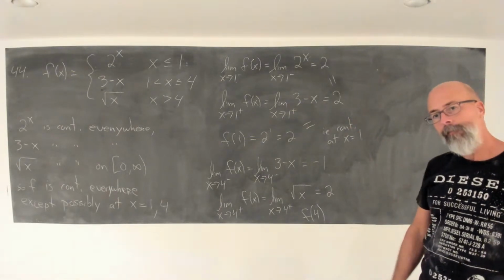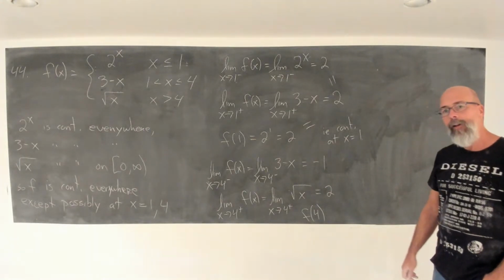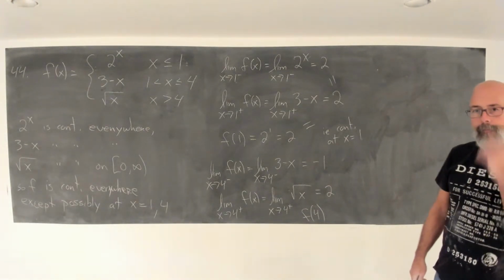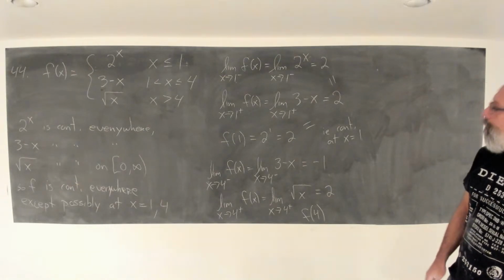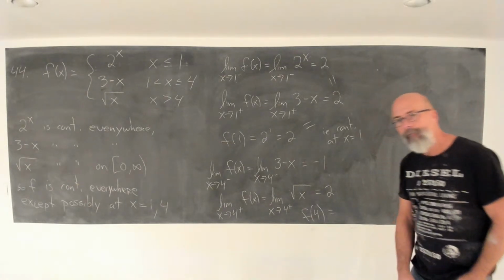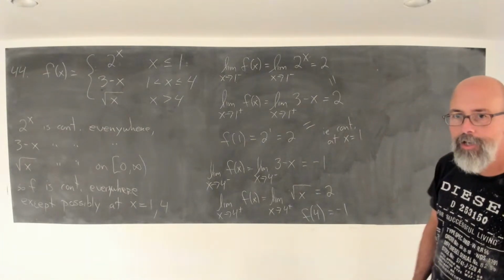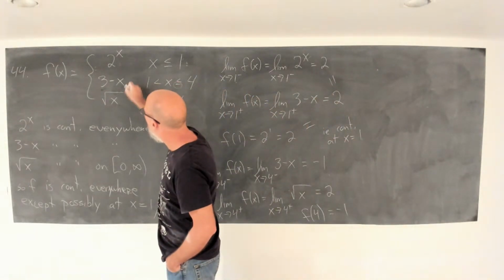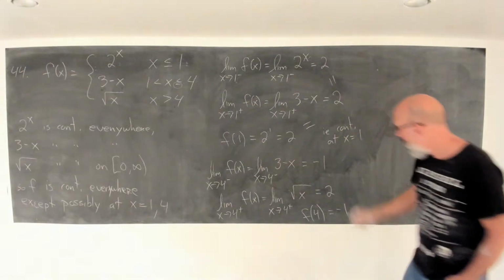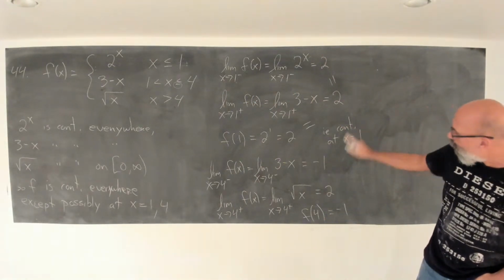You tell me. F of 4 is? Anybody? -1, thank you. F of 4 is -1, right? You're only allowed to plug in 4 into this function to get -1. But again, this was not necessary to answer the question here.